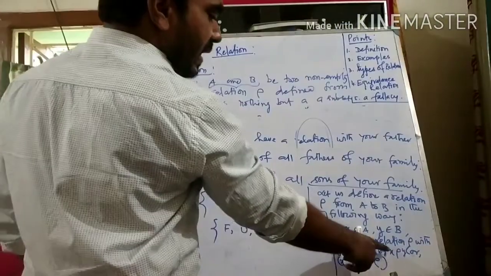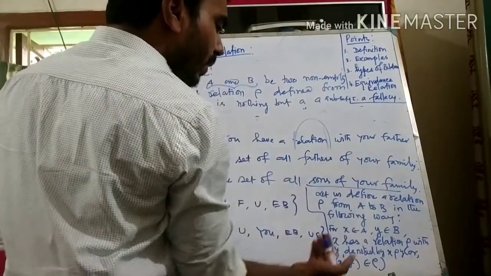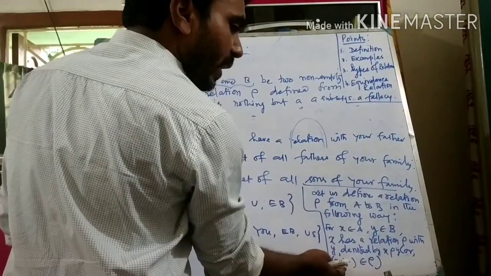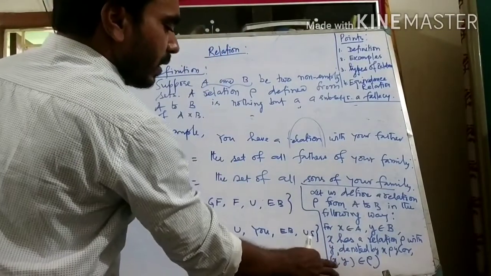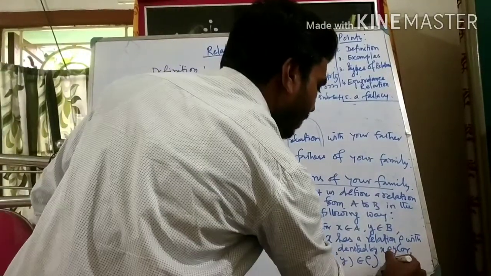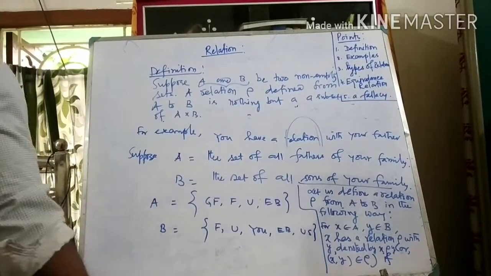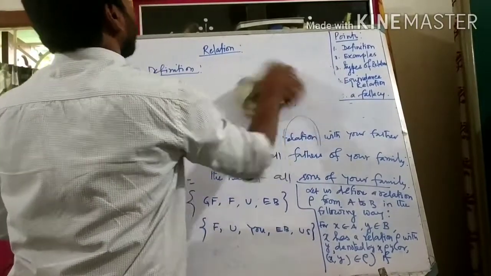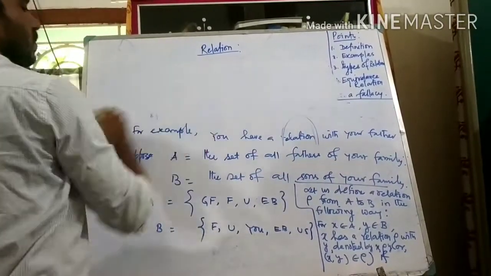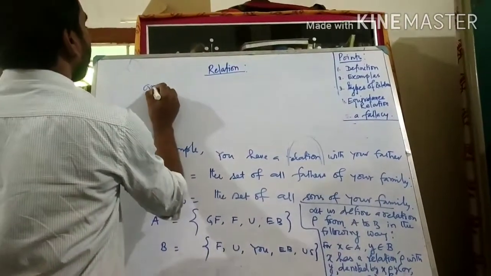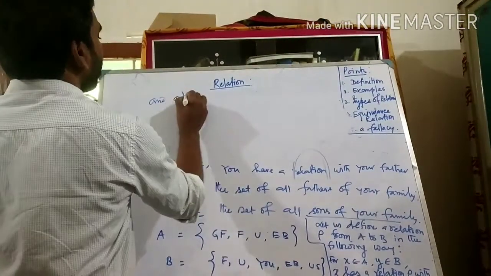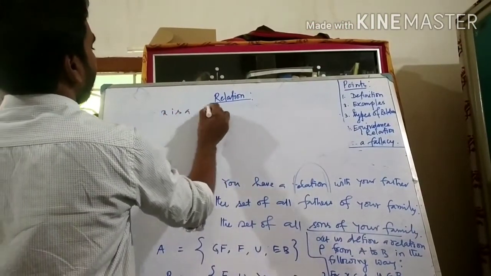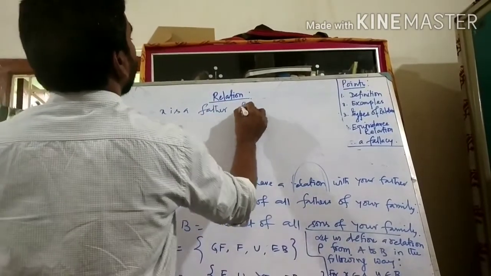So x has a relation rho with y, denoted by x rho y or its equivalent notation (x, y) belongs to rho, if and only if x is a father of y.